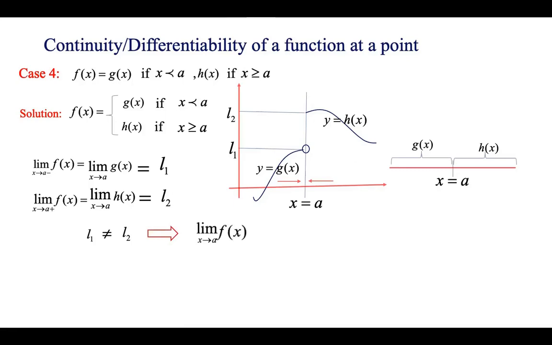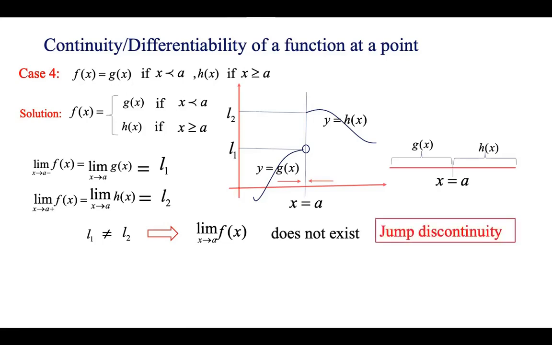So overall, the left limit exists, the right limit exists, but they are not equal. Therefore, the limit of f of x as x tends to a, the two-sided limit, does not exist. Though the individual left and right limits at x equal to a exist, the two-sided limit does not exist here. So this type of discontinuity is called jump discontinuity.